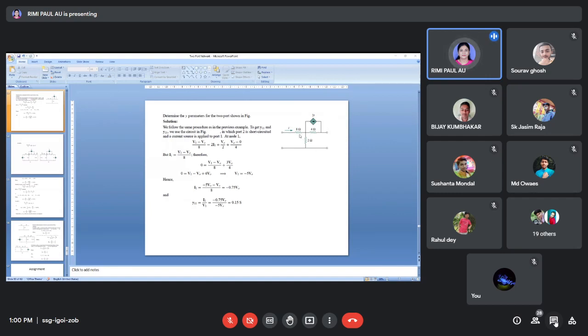Now solve this circuit. How to solve V0, because this contains I1? What is I1? I1 is equal to V1 minus V0 by 8. So replace I1 by V1 minus V0 by 8. Now write this equation, solve it, and tell me what V0 is.